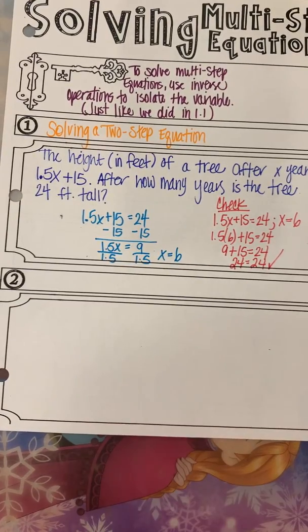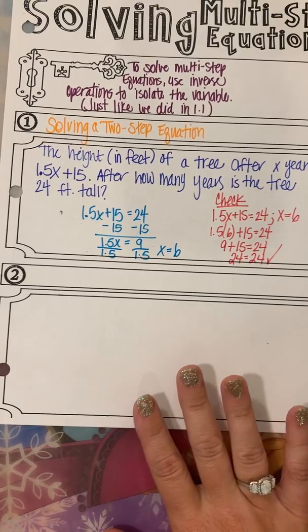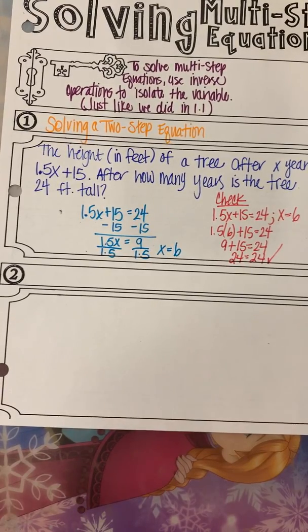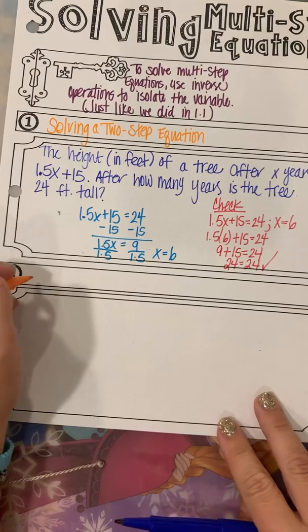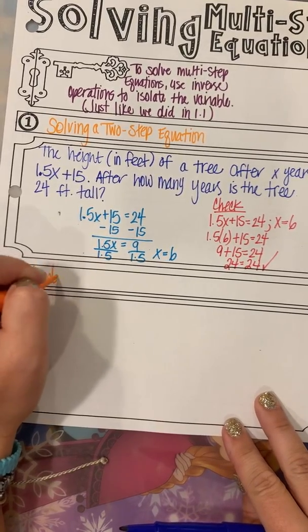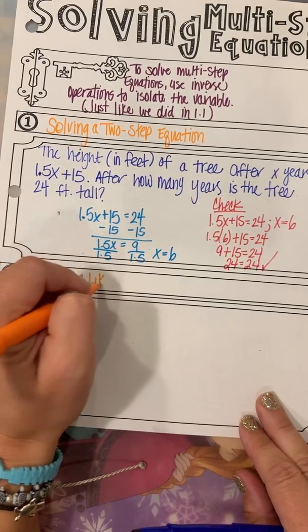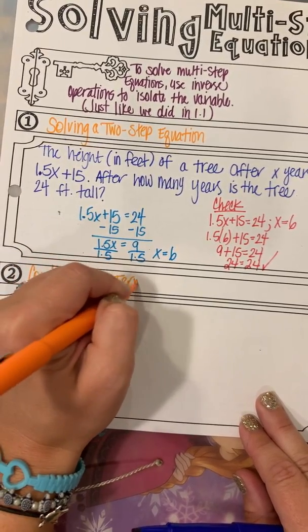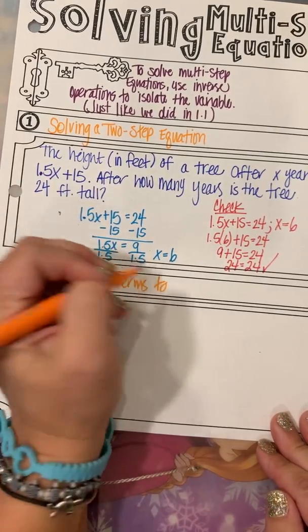So now they're going to add in an extra step before we can follow that solving. Example 2 has us combining like terms to solve an equation.